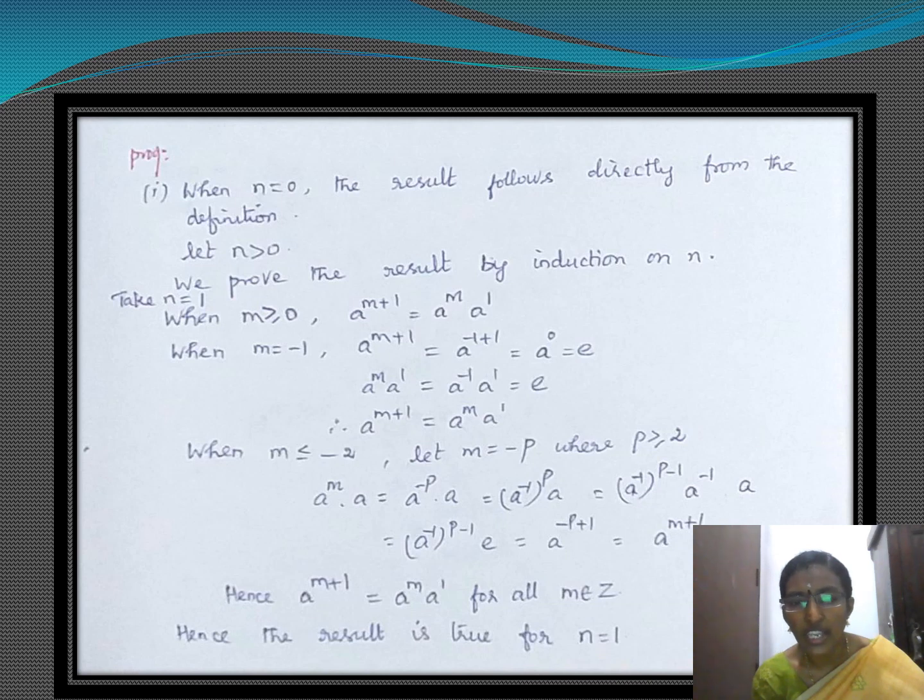Therefore, we get (a inverse)^(p-1) into e, which is equal to a^(-p+1), which is equal to a^(m+1). Hence, a^(m+1) is equal to a^m into a^1. It is true for all m belonging to Z. Therefore, the result is true for n equal to 1.